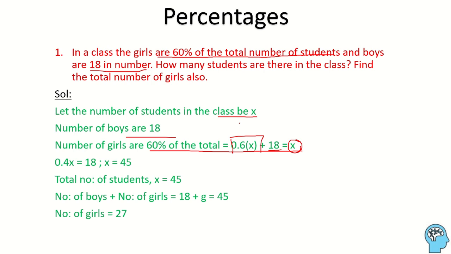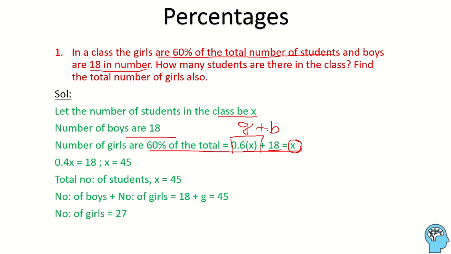So the total number of girls is 60% of x, that is 60% of the total number of students, and 18 is the number of boys.